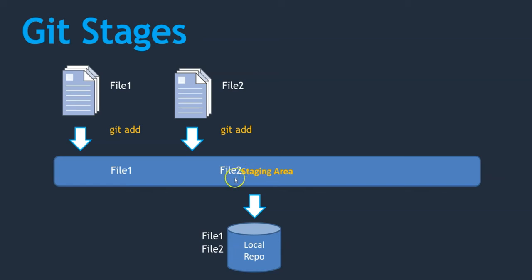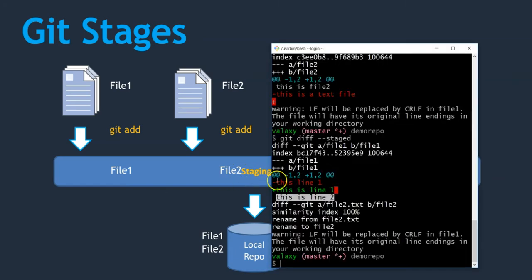That is the reason it is showing those two differences. Now you can see here we have removed this line 1 and we have updated that with this is line 1. That is how it identifies. And last one, a space was extra in the previous one that we have removed over here. That is how it identified. Okay, so now the comparisons have happened between the local repository and the staging area.